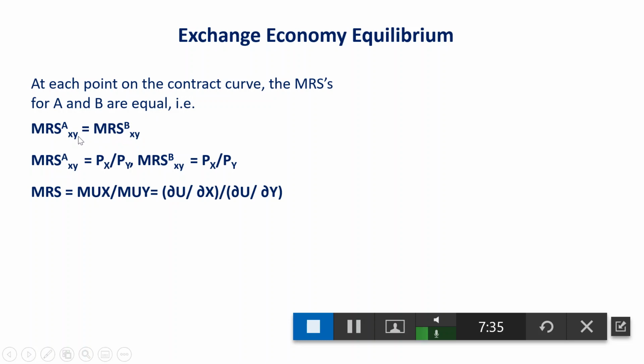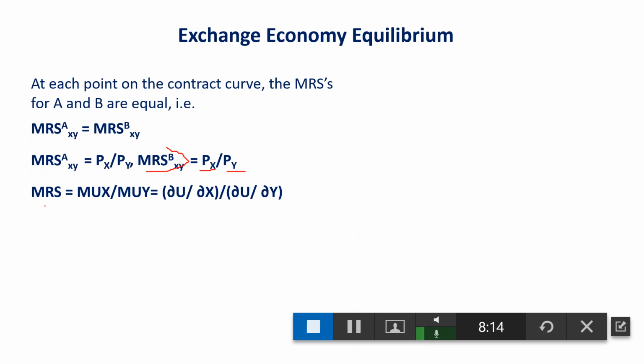So the marginal rate of substitution for goods X and Y for A will be equal to the price of X divided by the price of Y. Similarly, the marginal rate of substitution for B will be the price of X divided by the price of Y. Since the price ratio is the same, the marginal rate of substitution for A will be equal to the marginal rate of substitution for B.